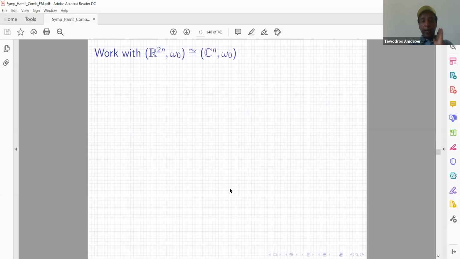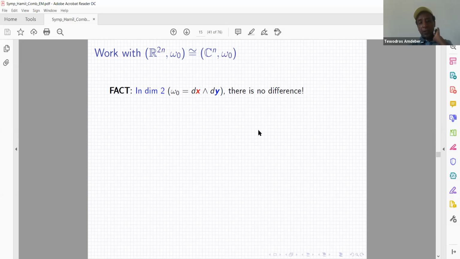All right. From here on, we'll work with R^2n and the standard form omega 0 that I mentioned earlier, or equivalently this way. It doesn't make much of a difference, because locally at least they are of that form, and for concreteness, we are going to move on with it.